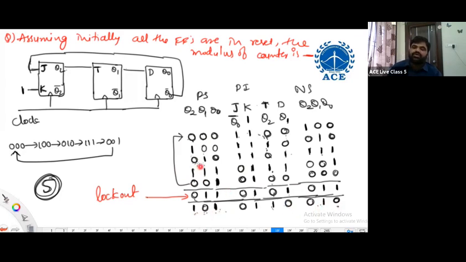Once it is entering into 010, it never goes to 101 again. The next state is specified for each and every one of these used states. It is going through used states only. Let me name it as restarting. The counter is restarted.